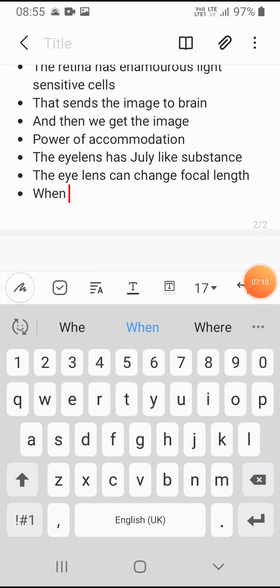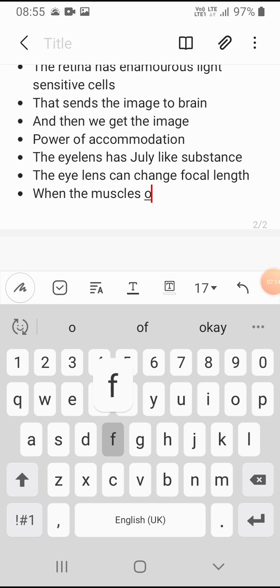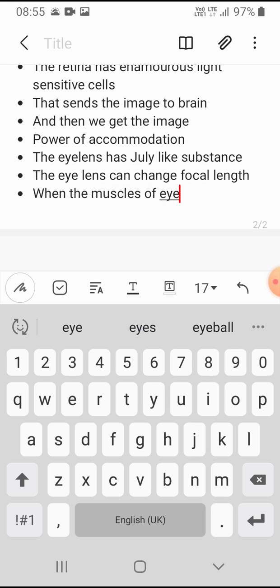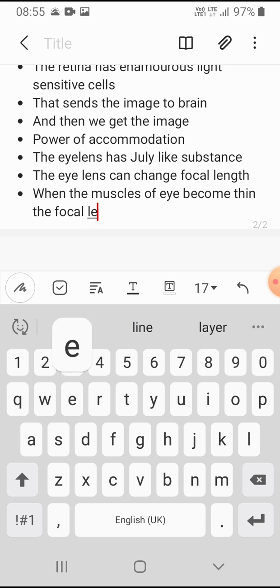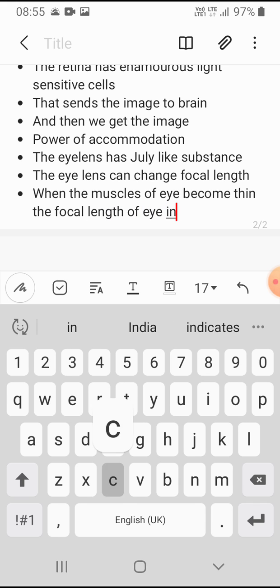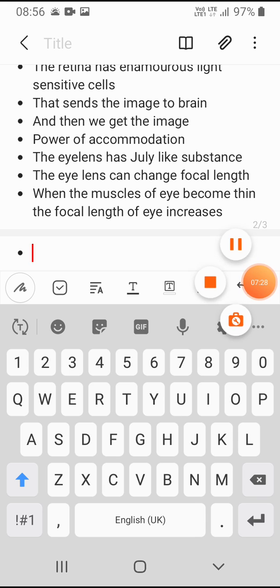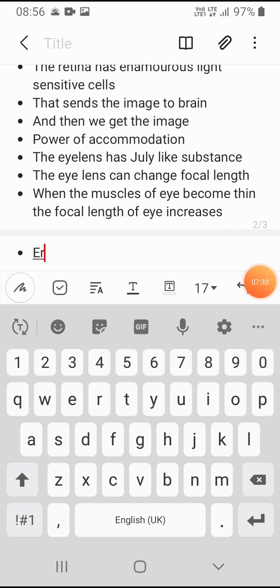When the muscles of the eye become thin, the focal length of the eye increases. When the focal length increases, we can see far objects clearly.